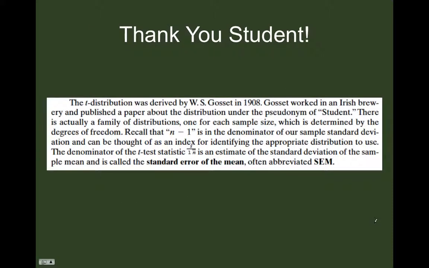But thanks to this gentleman, W.S. Gossett, we now do have a distribution for the t-test statistic, and it's called the T distribution.